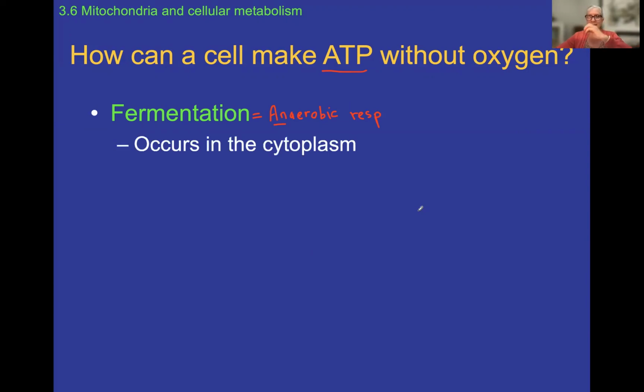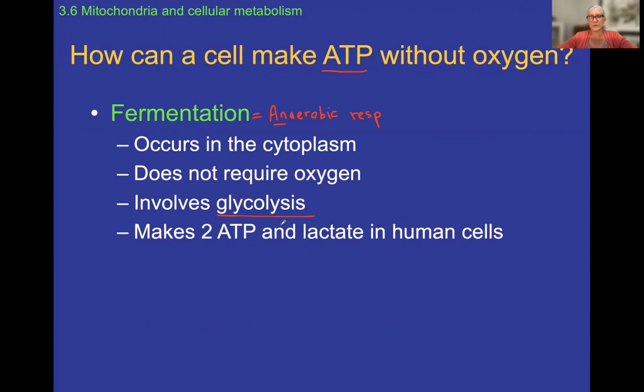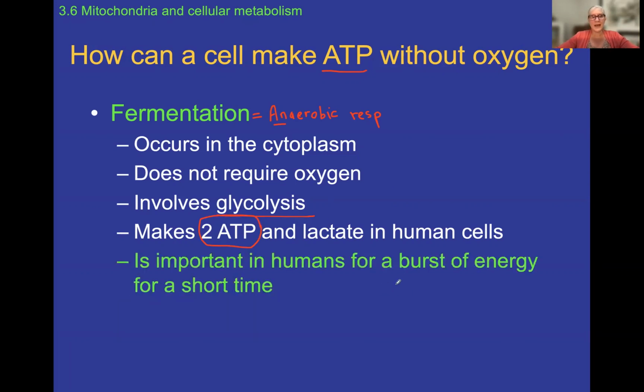It occurs not inside the mitochondria, but in the cytoplasm of the cell, does not require oxygen, and involves the process called glycolysis. Remember, that was happening outside the mitochondria. You don't make much in the way of ATP. So that's the bottom line. You'll get a little bit of ATP, you don't need to have oxygen, and this is only going to happen for a short amount of time.